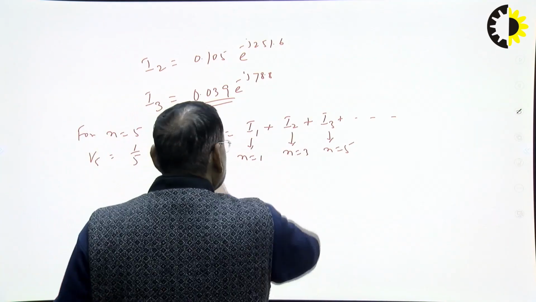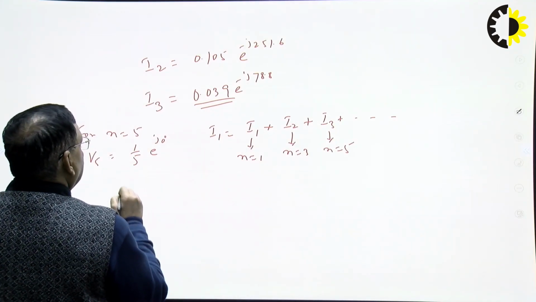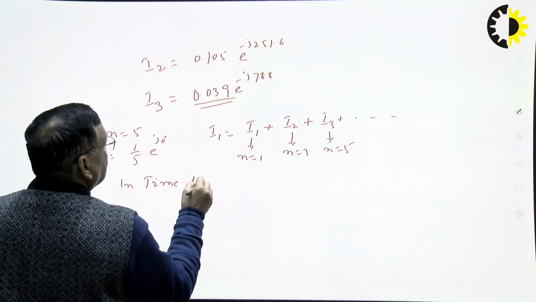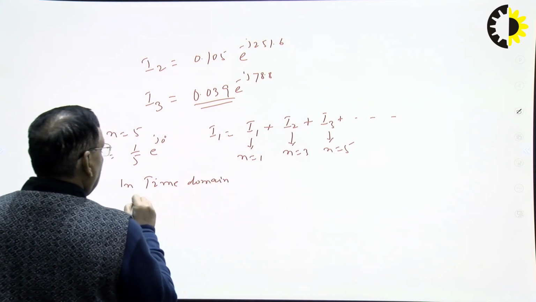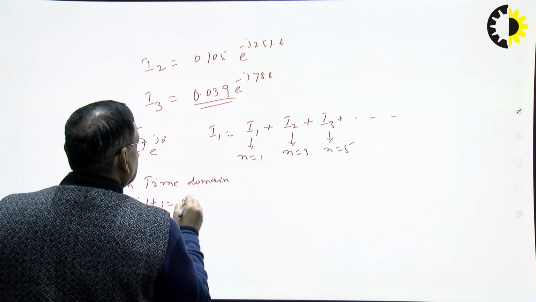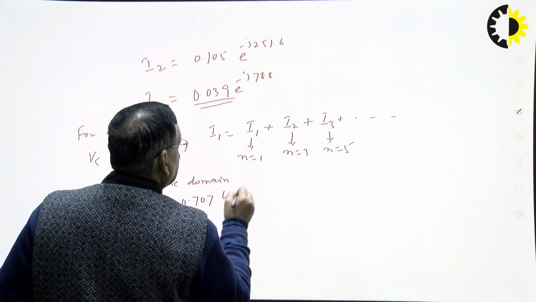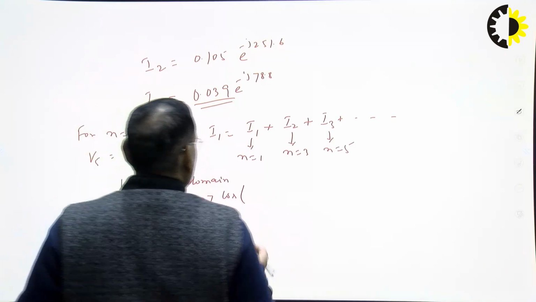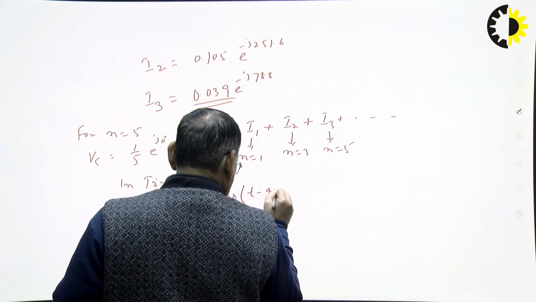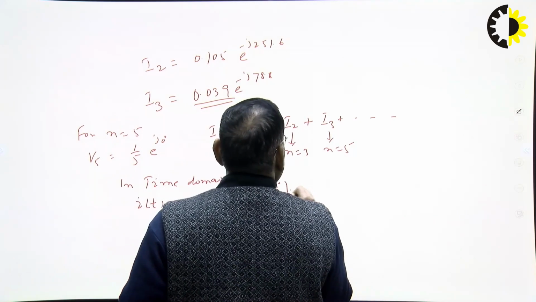Now it is in the phasor form, so we come back to the time domain. I(t) can be written as 0.707 cos(t minus 45 degree). So this is I1 in the time domain.